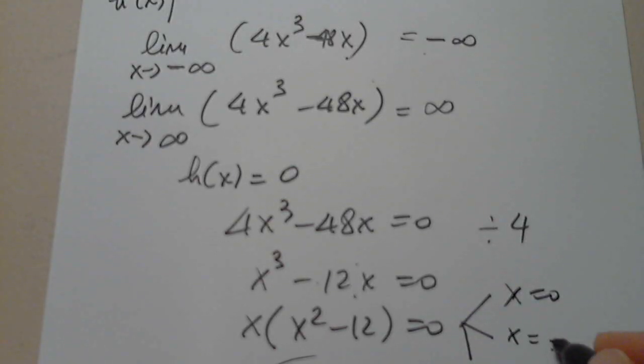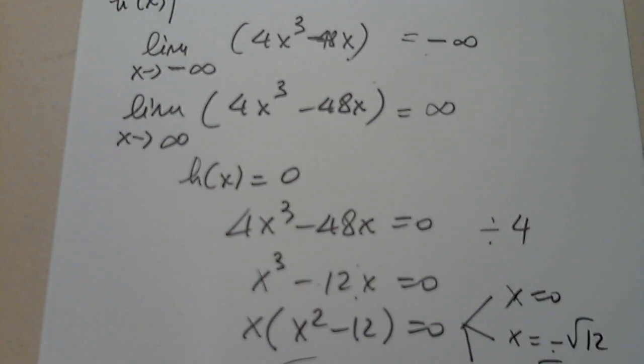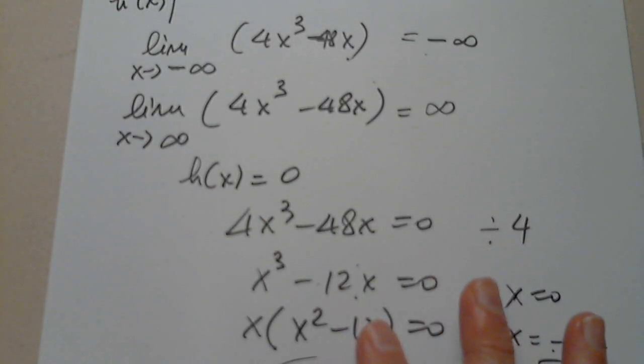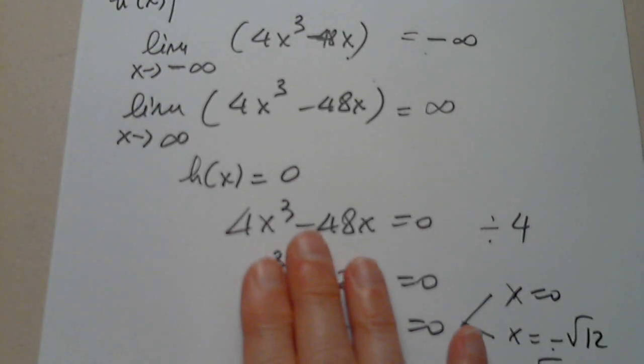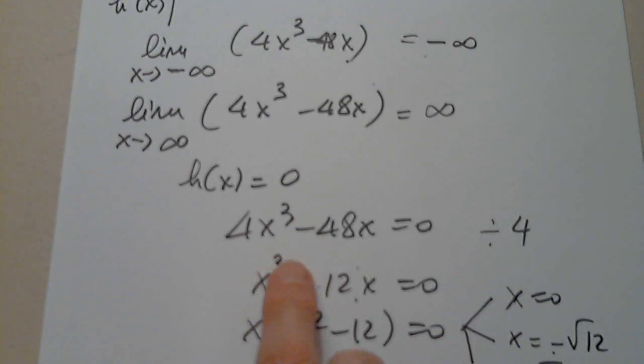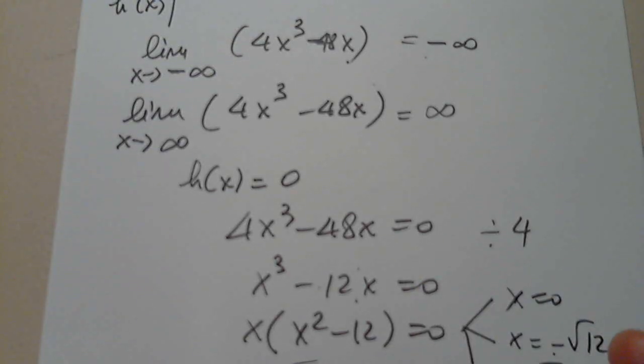So x equals negative the square root of 12, and x equals the square root of 12. Now, you don't even have to do this, because you can plug it in the graphing calculator in apps, in the polynomial root finder, and you will find 3 solutions, and they will also be approximated for you.